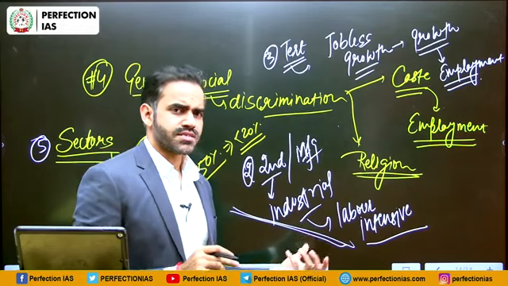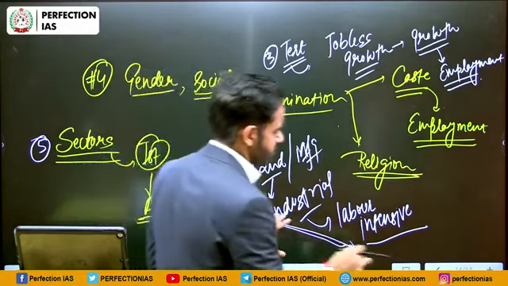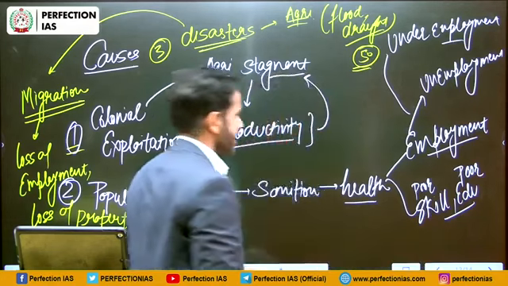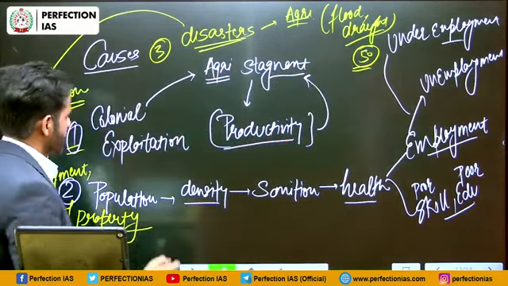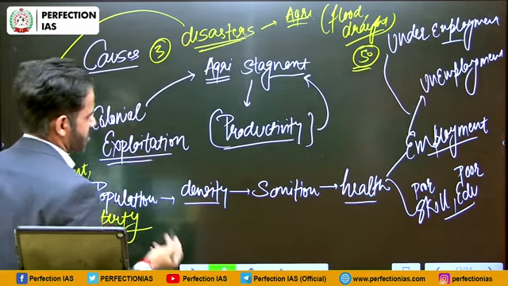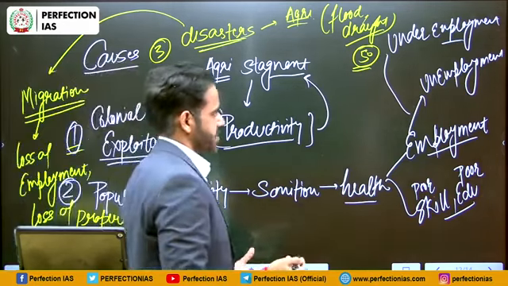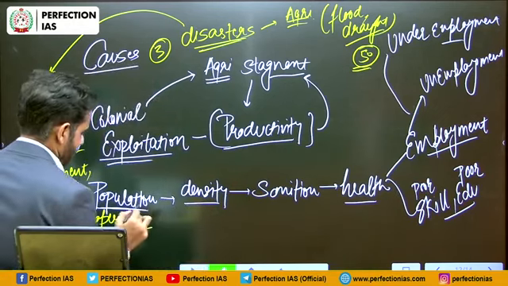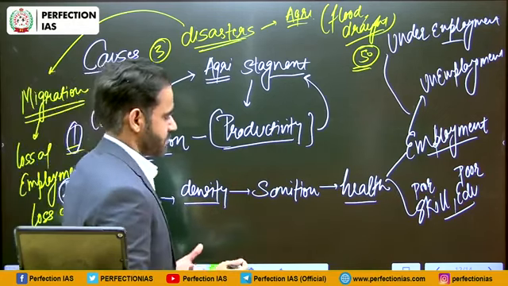See, it is not possible to list out all the parameters, but the most important thing is that you should have some ready-made points. So first and foremost was colonial past. Our colonial past had an impact on our agriculture sector. It had an impact on the productivity of agriculture sector. Then the population also play a key role in poverty.